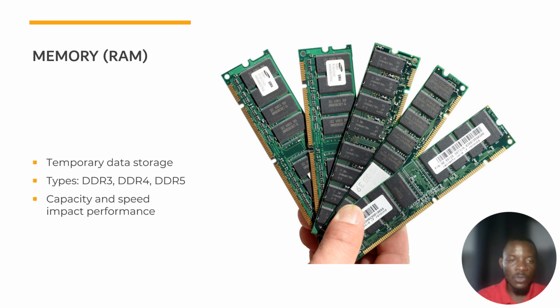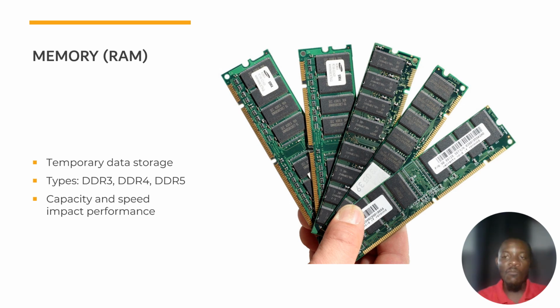DDR1 is long gone, and DDR2 and DDR3 are phasing away rapidly. The common one is DDR4, and DDR5 is emerging. Each generation offers increased speed and efficiency. Then we also have the capacity, which is measured in gigabytes.